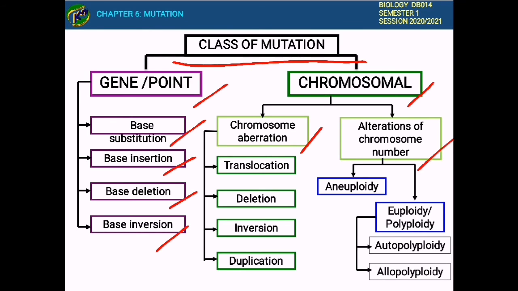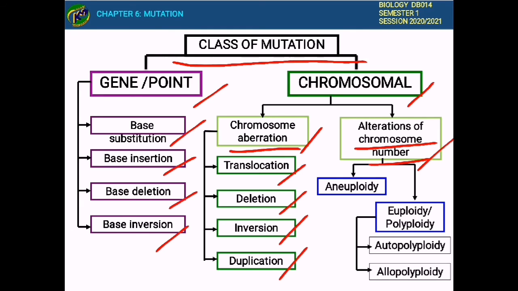Here we have chromosome aberration. Chromosome aberration means a change in structure. So we have translocation, deletion, inversion, and duplication. And also here we have alteration of chromosome number. Let's see chromosome numbers.